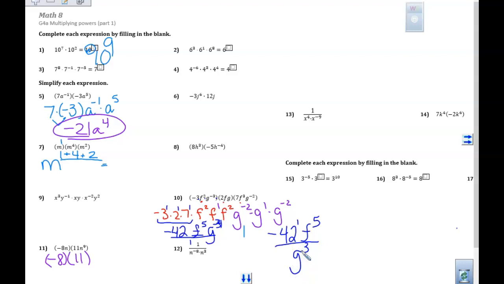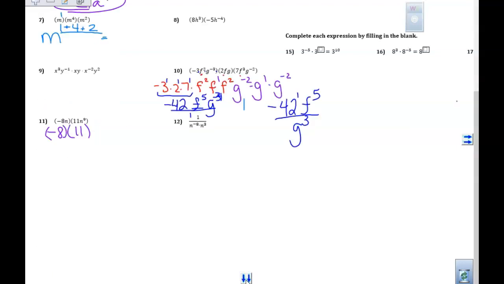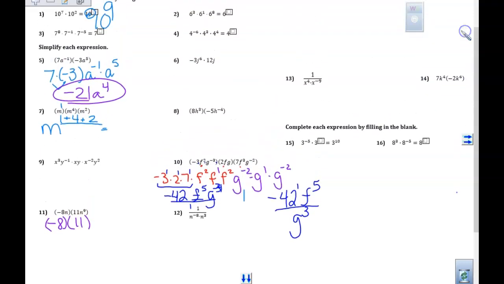As you look at this, any others that I could look at, I want to see both 12 and, which other one was it? 12 and 13 gave a lot of people problems. And my hint would be, when you're looking at 12 and 13, that in your denominator you have the same base.